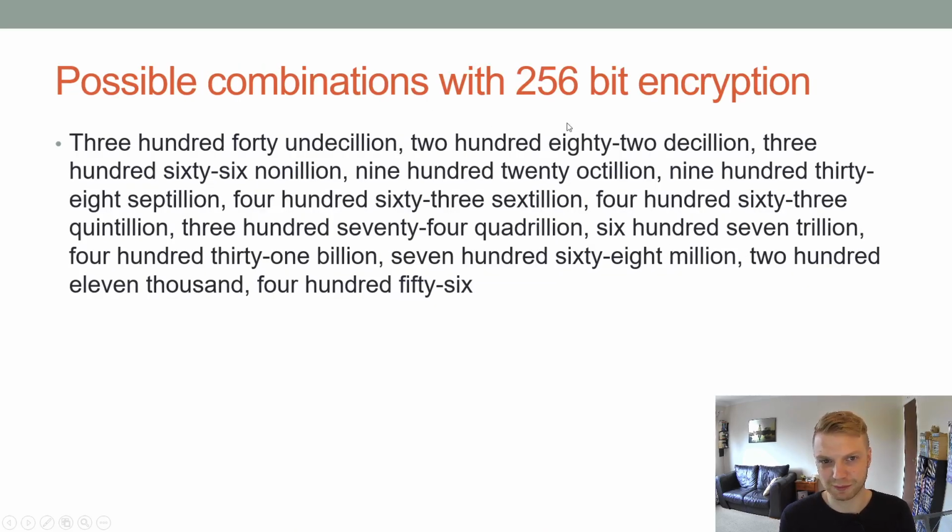So to put into context, 256-bit, I've written it out as a word because as numbers it just looks ridiculous, it doesn't mean anything. So 340 undecillion, 282 decillion, just ridiculous numbers. To put it into perspective, billion is down here, so just a ridiculous amount.